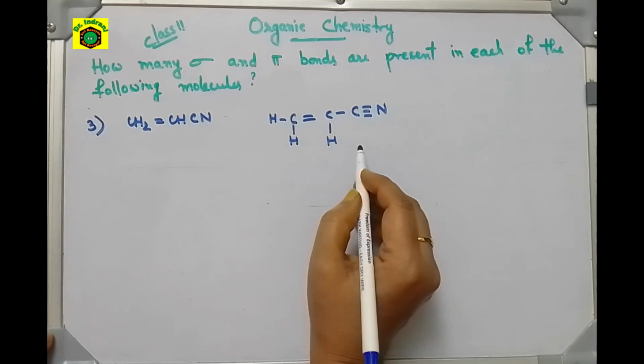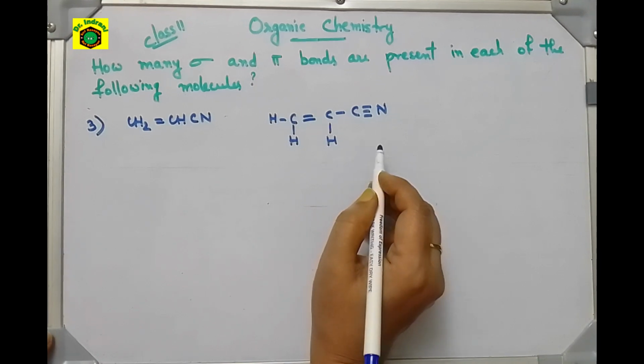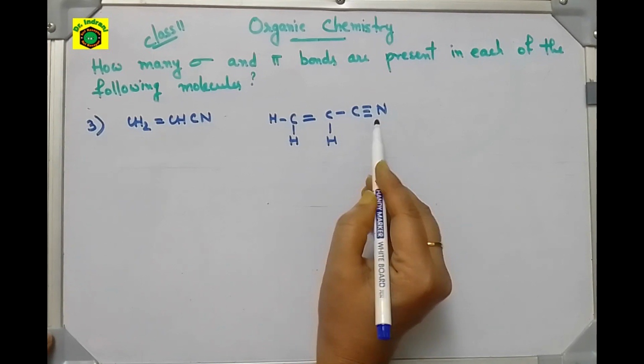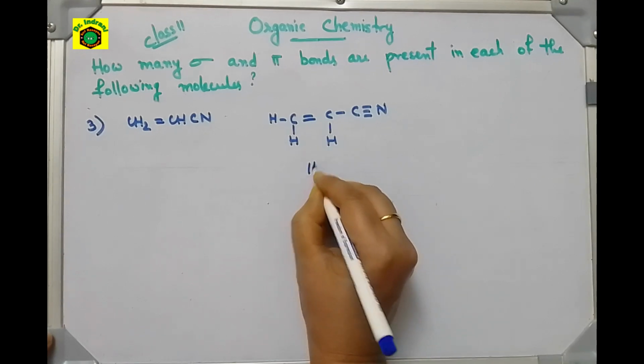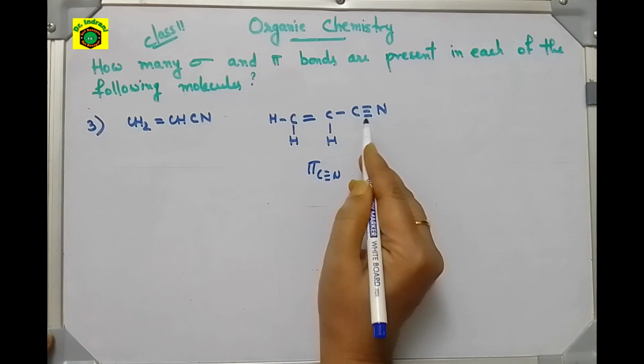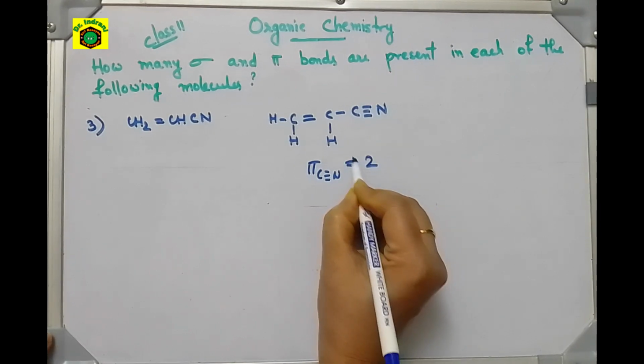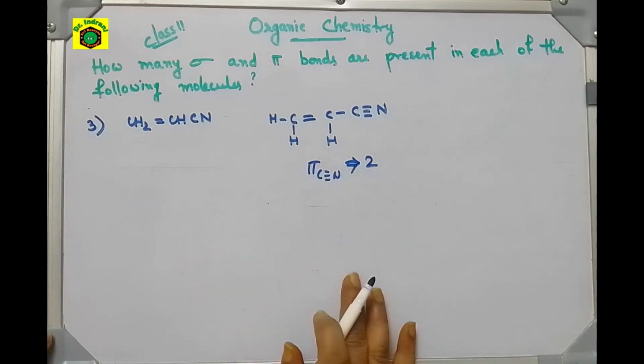Here CH sigma bonds are there, CC sigma bonds are there, CC pi bonds are there, CN sigma bonds are there, and CN pi bonds are there. Done. So here number of CN pi bonds? First one is sigma and pi bonds are 2. Others you do it.